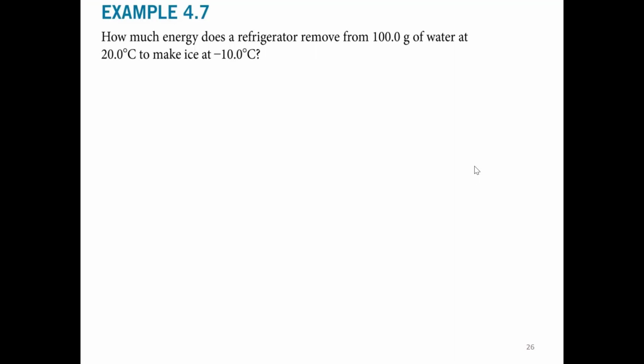Then let's now try to solve this problem. How much energy does a refrigerator remove from 100 grams of water at 20 degrees Celsius to make ice at -10 degrees Celsius? Let's see what information we have. We know the mass of the water is 100 grams.